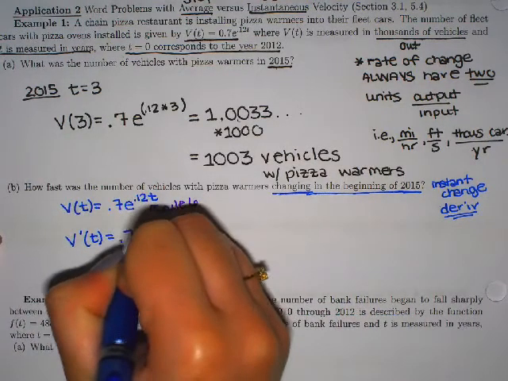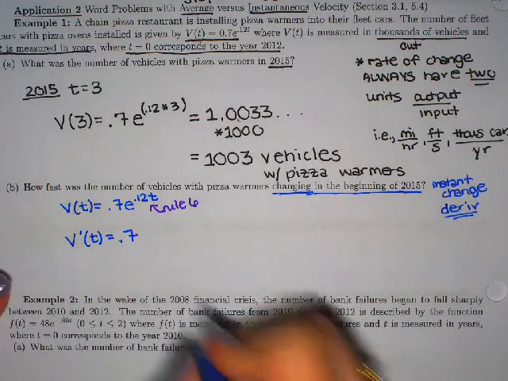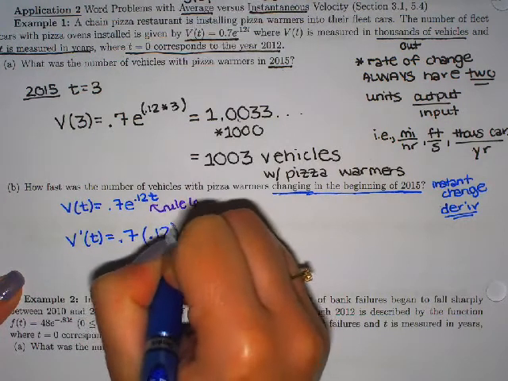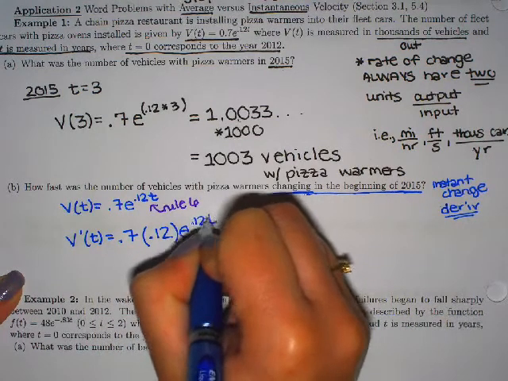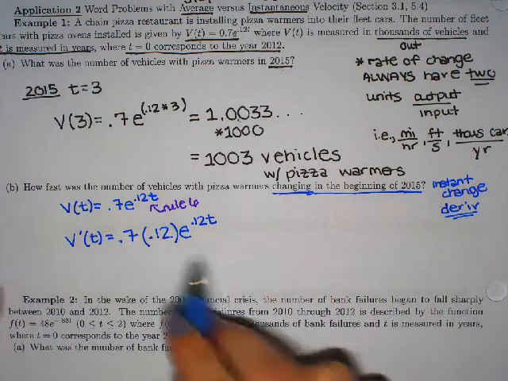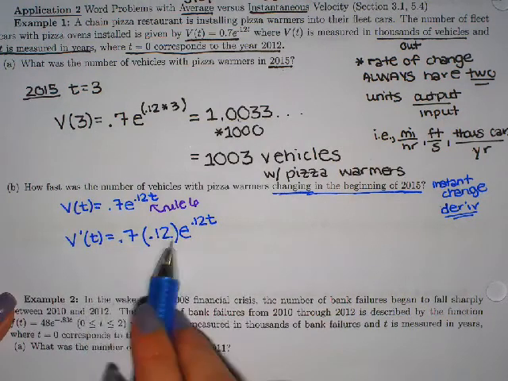So v prime of t, I'm going to keep my constant multiple, 0.7. It's not a product rule because there's not 2 t's in this. So I have 0.7, and then the derivative of the power, which is 0.12, times e to the original power. The derivative of the power, 0.12t, is just 0.12. That's our mini rule. And then we have e to the original power.